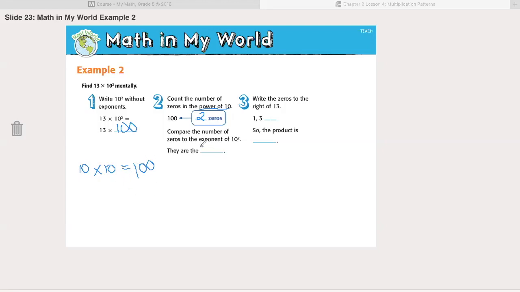They are the same. Step 3. Write the zeros to the right of 13. So if I put 2 zeros after 13, I will have 1,300. So the product is 1,300.